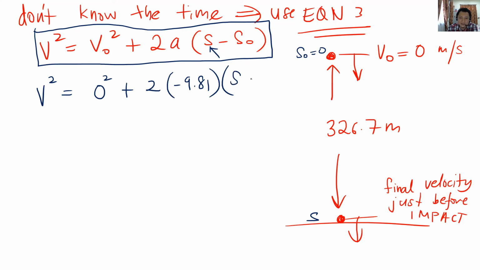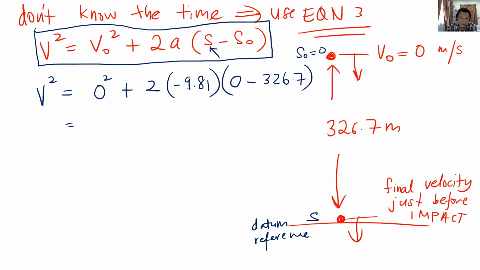Betul ke? Tahu S would be 0. Kita ambil datum kat bawah. What's a datum? Datum is a reference. So final displacement is 0. Original height dia adalah 326.7. So let's try. This one becomes 0.